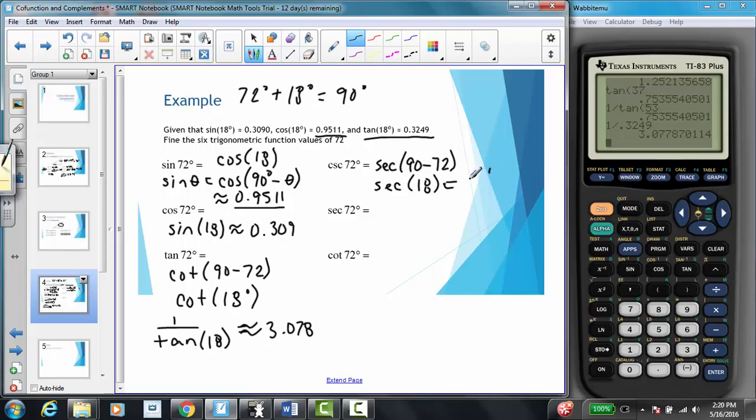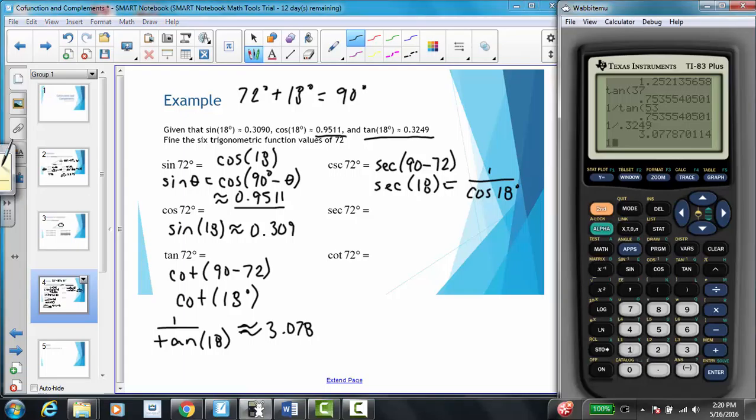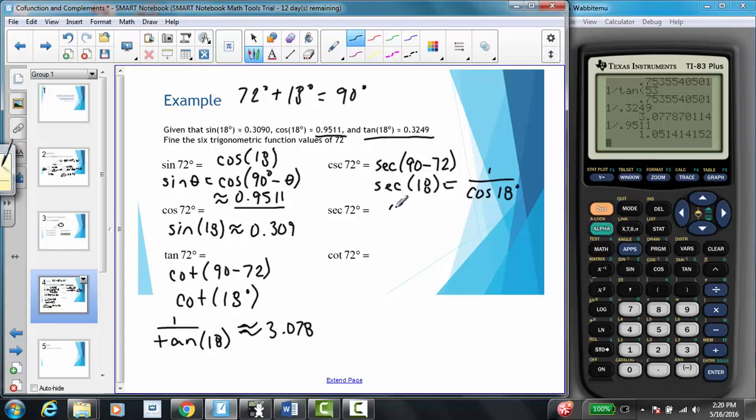Well, secant is the reciprocal of cosine, so now I have 1 over cosine of 18 degrees, which is given. So I can put that in my calculator, 1 over the cosine of 18 degrees, which is 0.9511, and I get approximately 1.05.